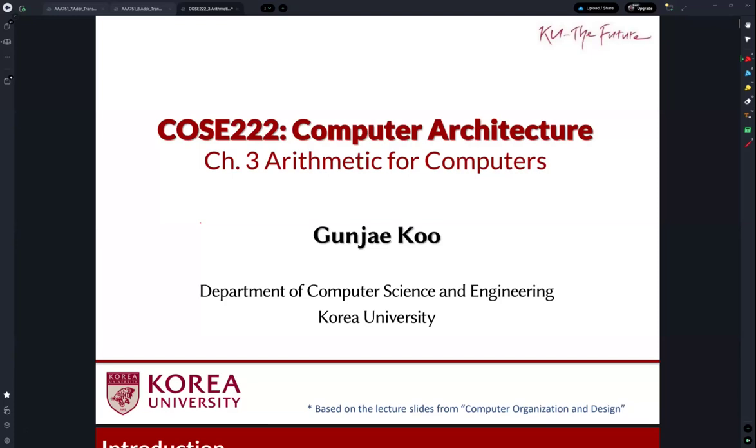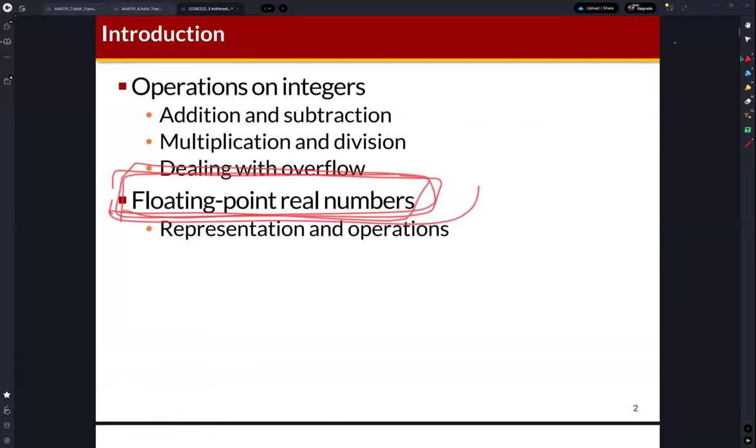In chapter 3, we will learn about the hardware components in a computer system. You also need to study chapter 3, the arithmetic for computers. But as I mentioned in class, this part was covered by the digital logic design course, so you can review it.